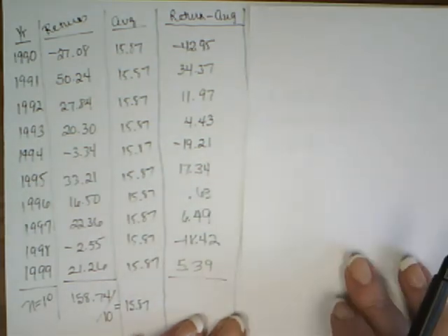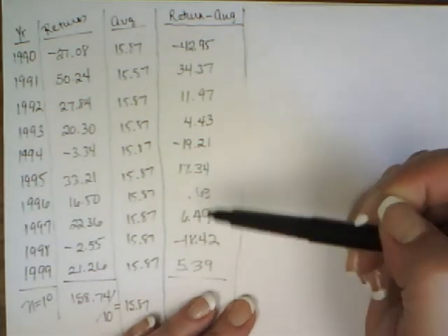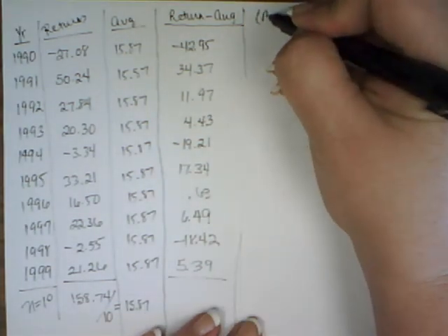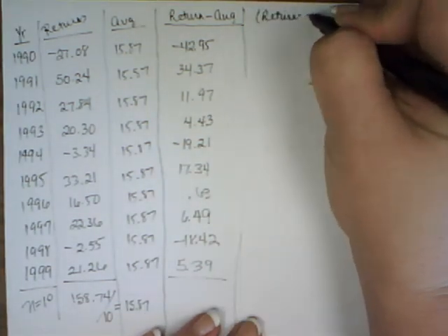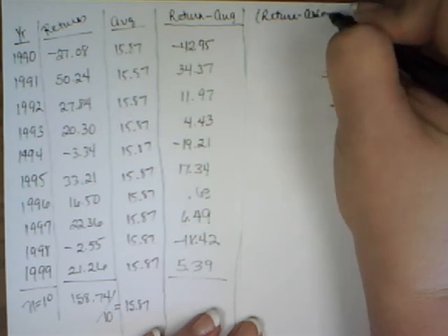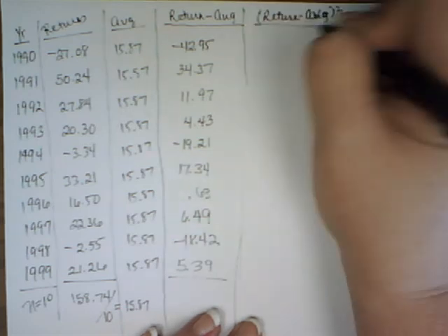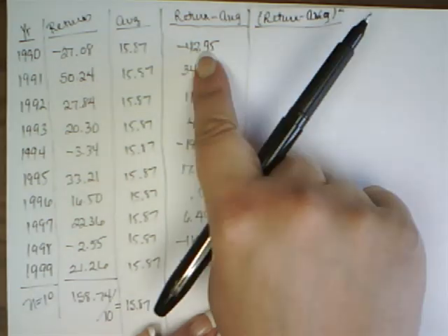Now, the next thing we're going to do is square this difference. The reason we're squaring it is because we do not want to be working with negative numbers. We're going to square what we came up with in this column.